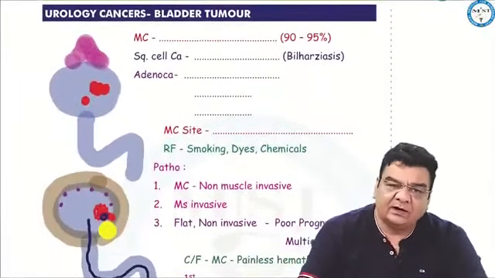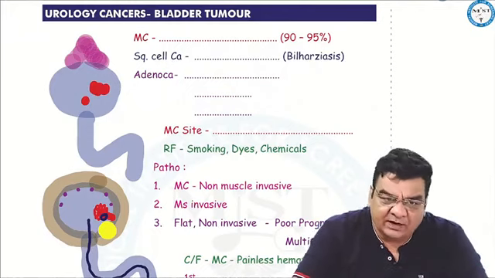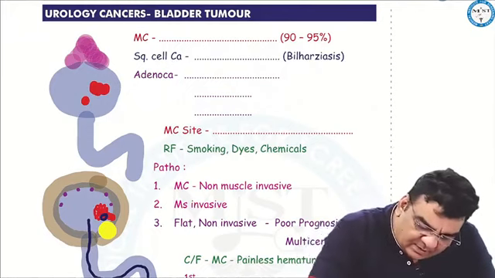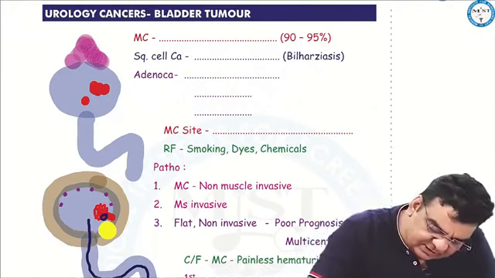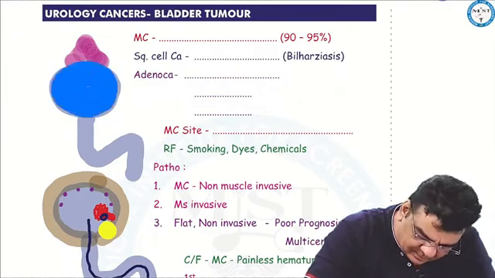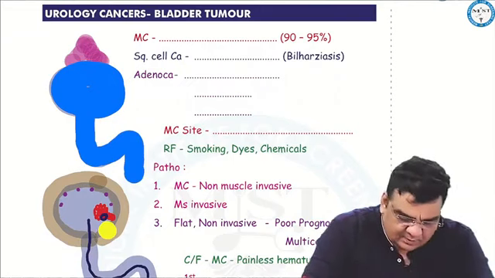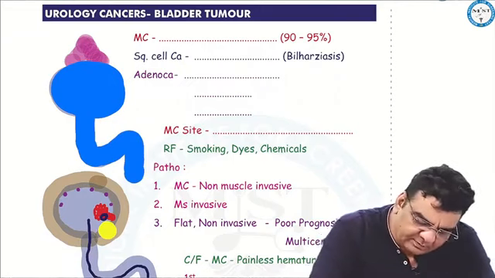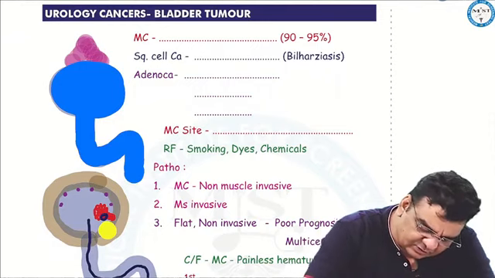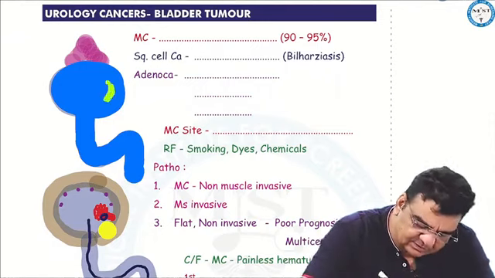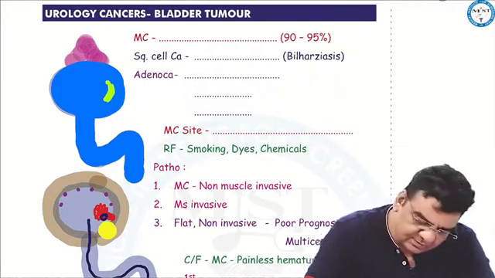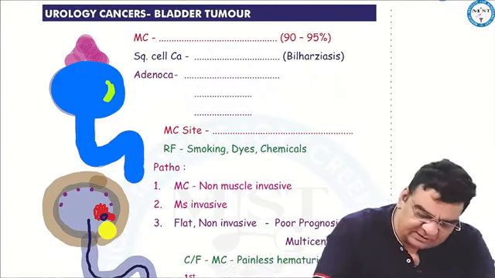Now if we take a look at some relevant points about bladder cancer. Bladder cancer, as we have been discussing, majority of these bladder cancers are transitional cell carcinomas. However, other types can rarely be seen inside the bladder.